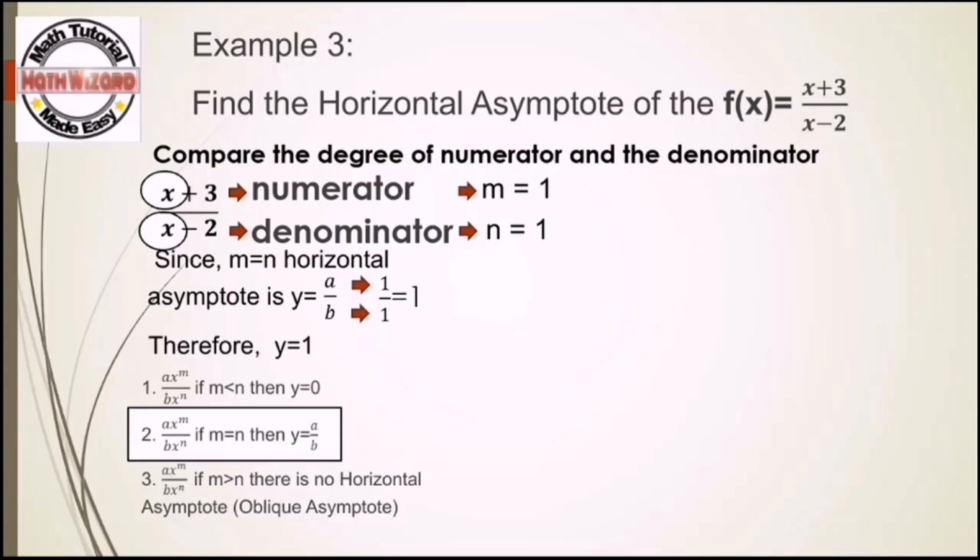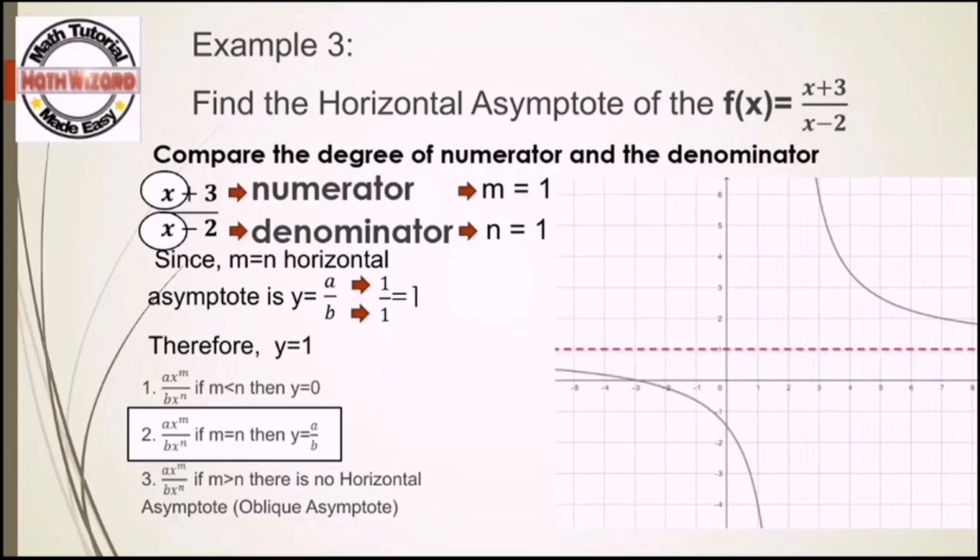Therefore, since a is equal to 1 and b is equal to 1, 1 divided by 1 is equal to 1. Then we can say that y is equal to 1. The graph, or the plot of the horizontal asymptote, is found at y equals 1.